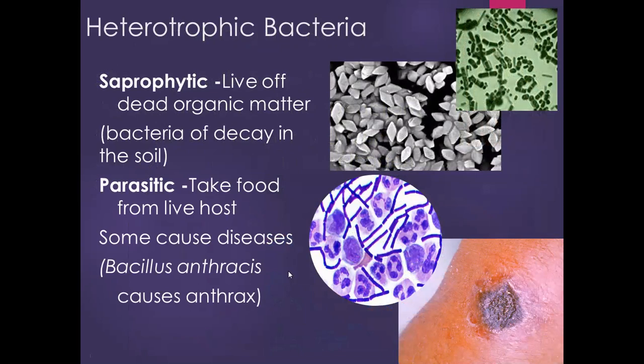Heterotrophic bacteria are divided into two groups, saprophytic and parasitic. Saprophytic bacteria use dead organic matters. They mostly live in soil, and they produce decay of some biological waste, the animal carcasses and dead plants, and they produce the mineralization of organics.